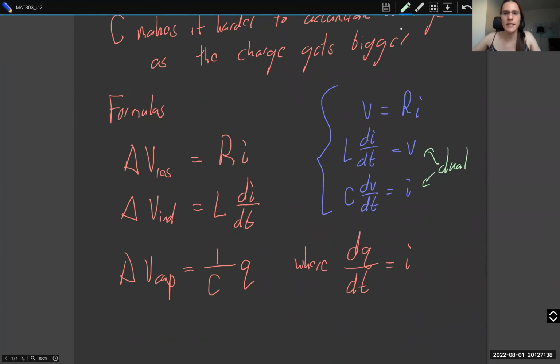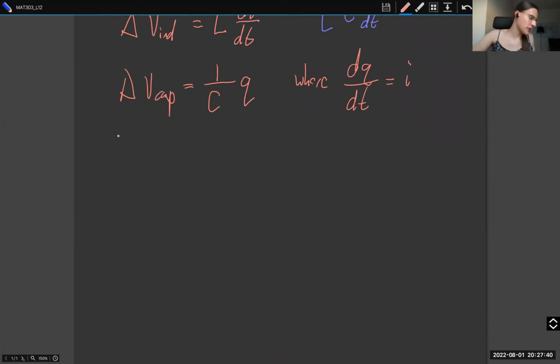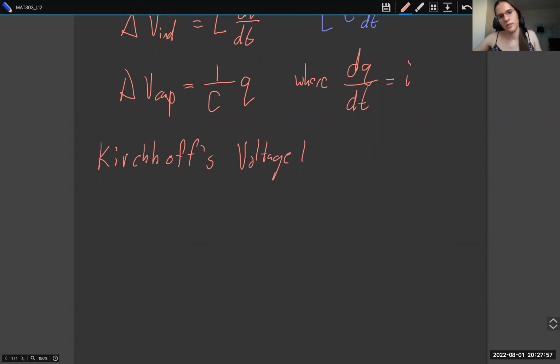Now, what's going to happen is that we have Kirchhoff's voltage law. It says that in a loop, if there's a potential difference, then the potentials have to make sense as a function. There actually has to be a potential function which solves all of these differences.